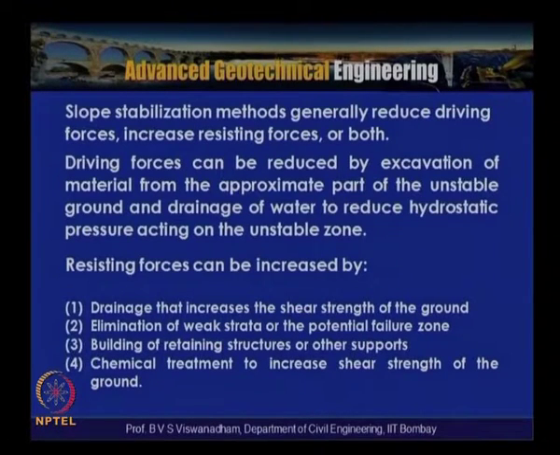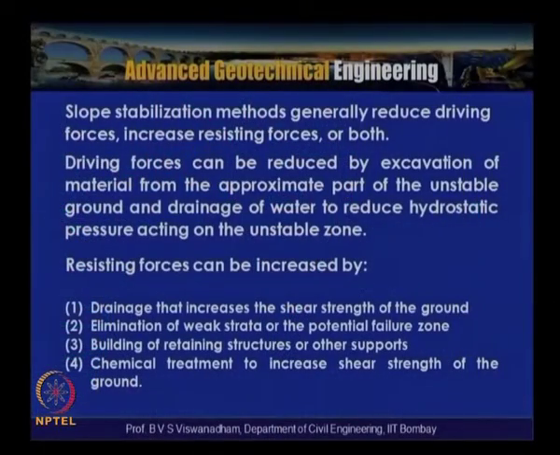Another method is chemical treatment to increase the shear strength of the ground. One of the prominent methods being used is lime stabilization, that is, lime columns or lime slurry injection, which results in a sort of chemical hardening.